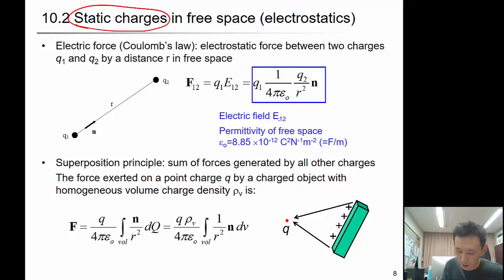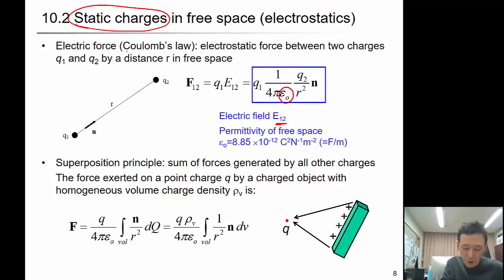And here E12 is the electrical field applied to Q1 generated by Q2. If you multiply by Q1, it becomes the force applied to Q1. Here, epsilon naught is called the permittivity of free space, like a vacuum, and that's a constant number.